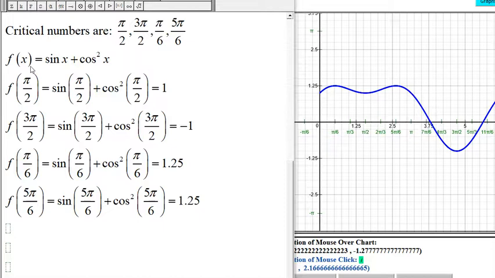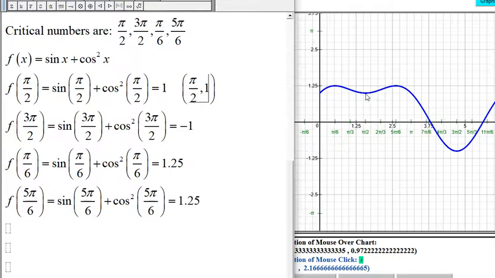And now we evaluate the function at x equal to pi over 2, and we end up with 1. And for 3 pi over 2, we end up with negative 1. And for pi over 6, we get 1.25. And for 5 pi over 6, we get 1.25. And so when x is pi over 2, y is 1. Pi over 2 is right here, and this is 1.